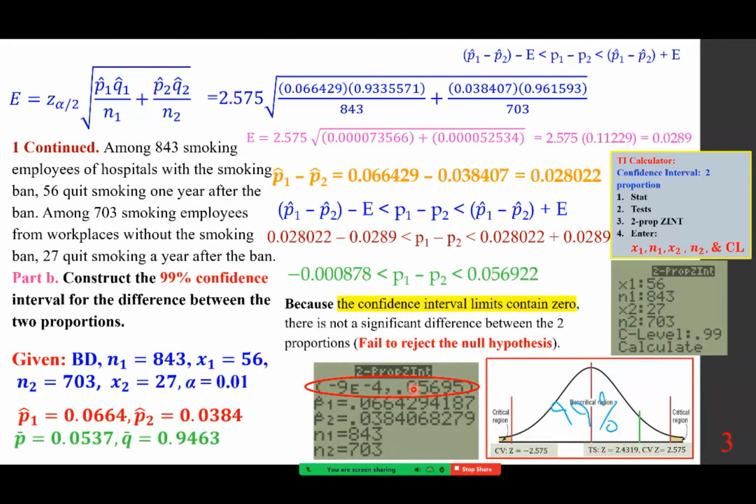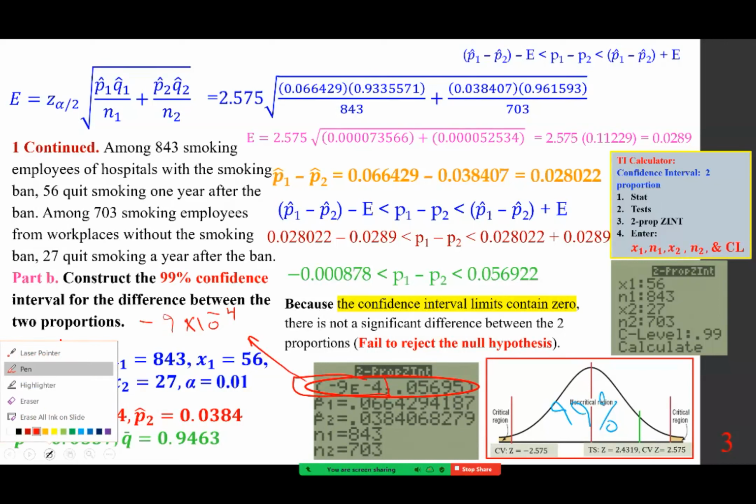Of course, why is it different? They use a lot more decimals. But I want to make sure you understand this number means negative 9 times 10 to the power of minus 4. And as you know, the decimal is here, you move it 3 places, it becomes a minus 0.000 and then 9.